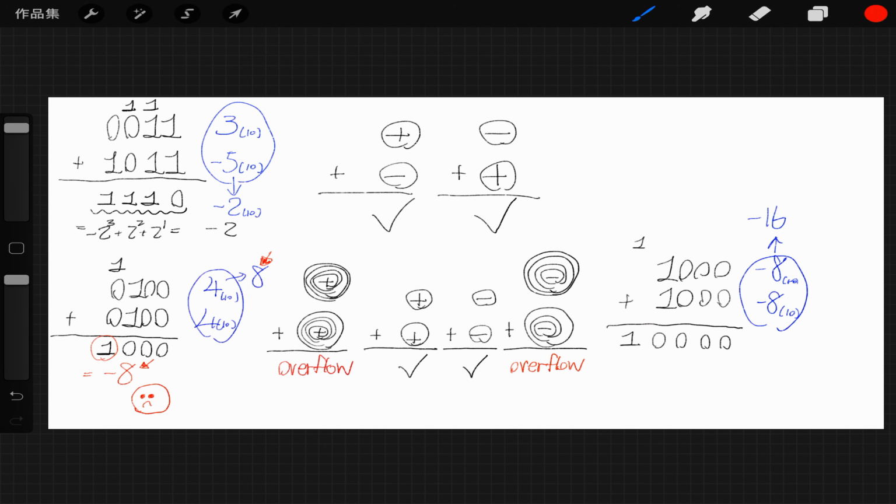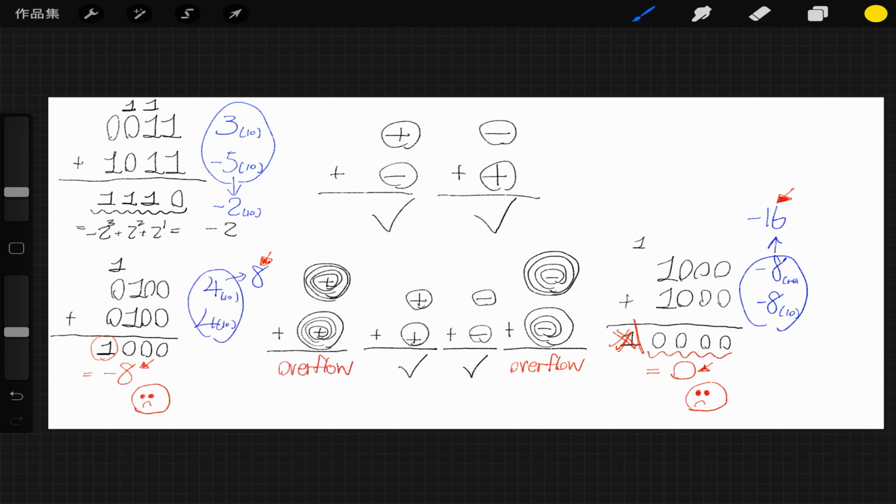And because we are only allowed to store 4 bits of data, anything beyond 4 bits will be ignored. As a result, this is the number we got, 0. You see, we expect to see -16 here. However, what we got is 0. So again, this is not the result we want to get, and this is caused by overflow.